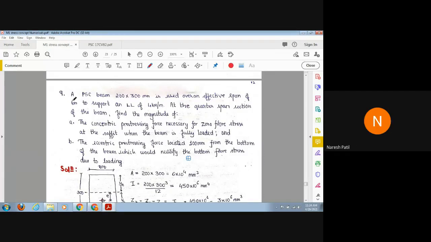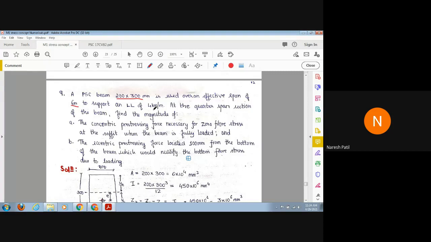Okay. So here a PSC beam 200 mm by 300 mm is used over an effective span of 6 meter to support a live load of 4 kilonewton per meter at the quarter span section of the beam.